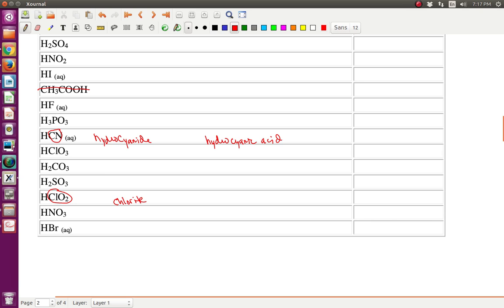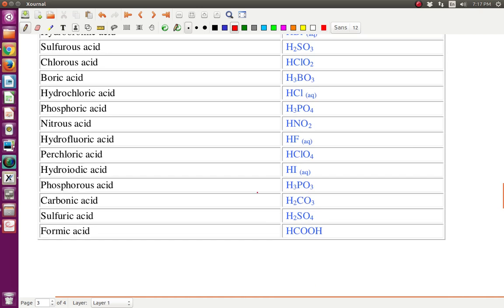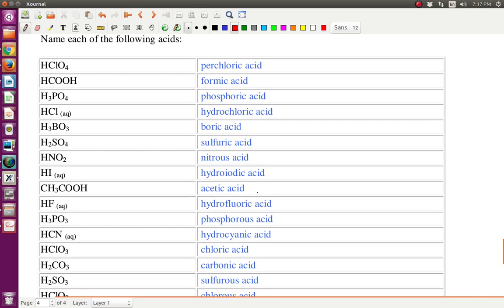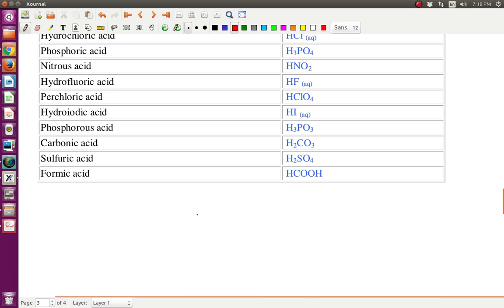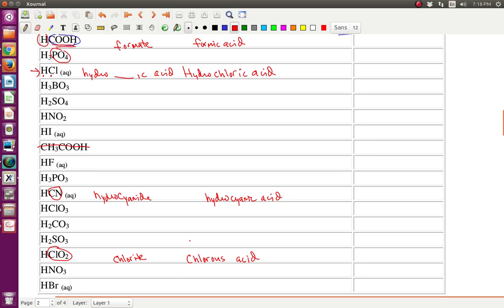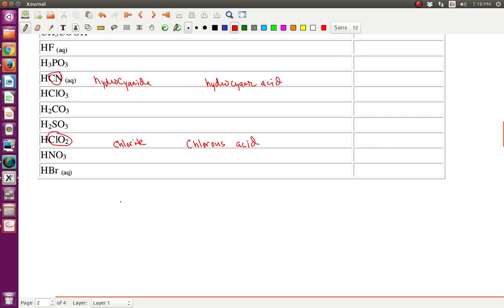Ites become ous's. So this is chlorous acid. Let me make sure that's how they named it down here. Chlorous acid. I may have misspelled it. C-H-L-O-R-O-U-S. Nope, I spelled it right.